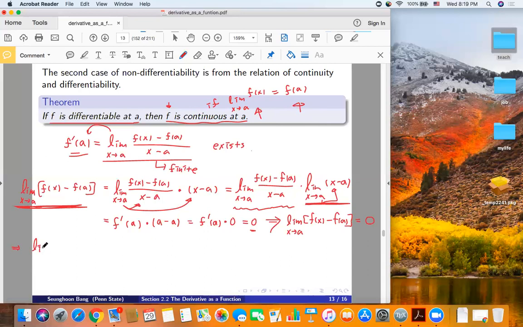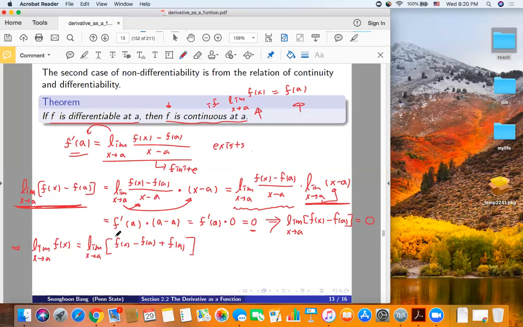The limit as x approaches a of f of x. I can use this algebraic skill. f of x is given. You just subtract f of a and add f of a, exactly the same, right? Because f of a is cancelled.